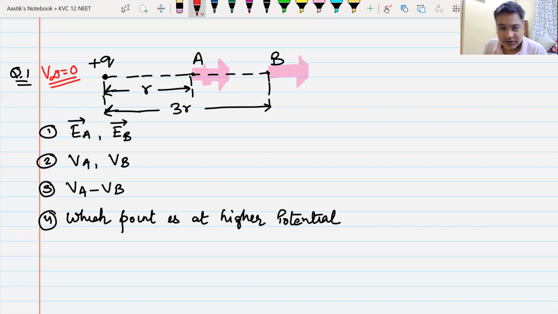Potential at point A and potential at point B. Potential at A equals plus kq by r. Potential at point B is plus kq by 3r.